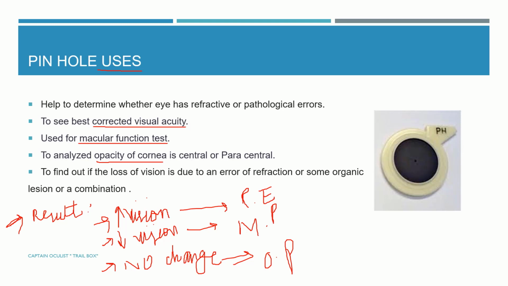Either the vision improves, or the vision is unchanged, or the vision is decreased. If the vision is improved, then it is a refractive error. If the vision is unchanged, then it is ocular pathology. If the vision decreases, then it is macular pathology. So this is all about the pinhole. Then we have stenopic slit.